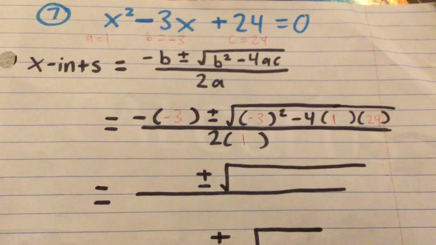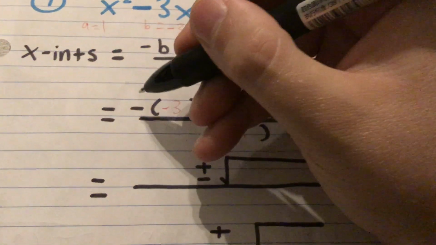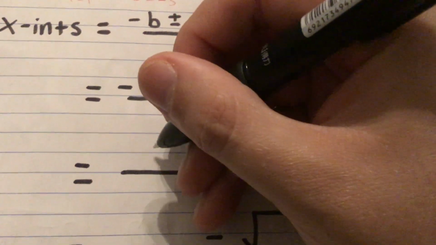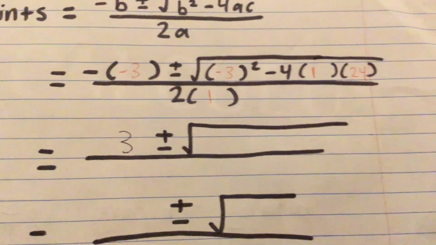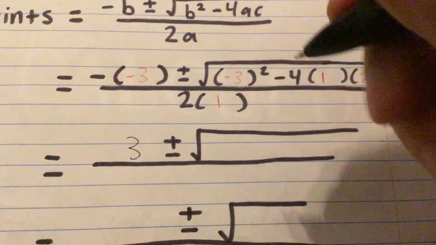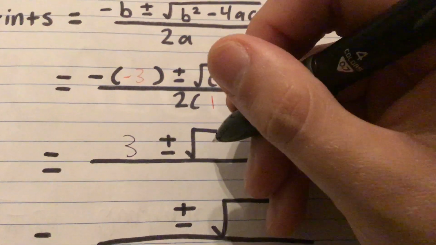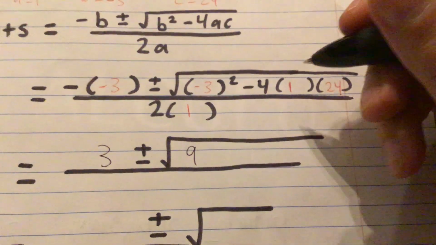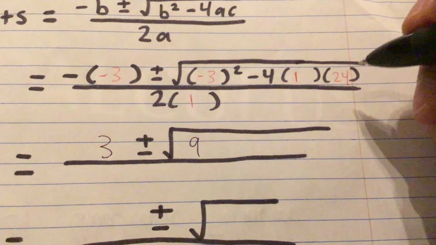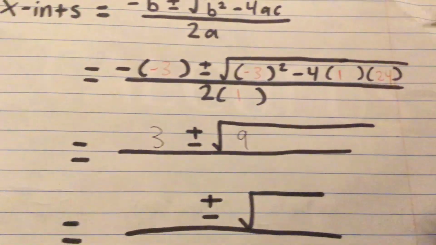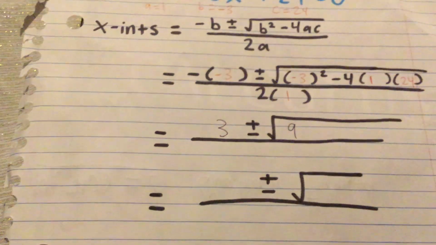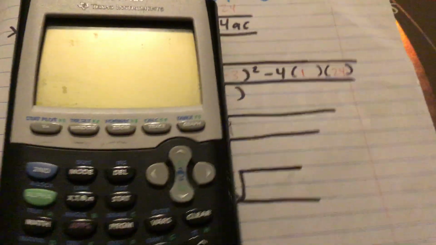So now let's clean this up for the last time. Negative 3, that's positive 3, plus or minus the square root of negative 3 quantity squared, that's 9, and then negative 4 times 1 times 24. I'm pretty sure that's negative 96, but I'm just going to double check with the calculator. All right, clear.